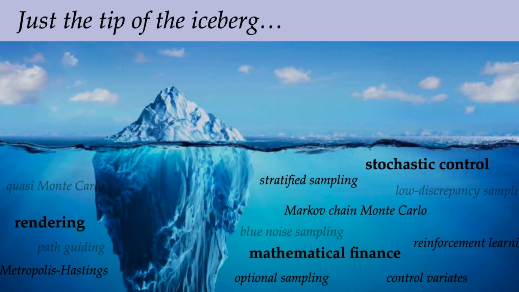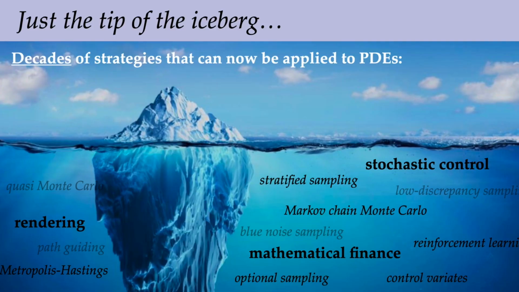And this is really just the tip of the iceberg, because we have this nice bridge between worlds now. There are decades of strategies from areas like rendering and stochastic control and mathematical finance that can be used to help solve partial differential equations, though it does take a little bit of thought in each case to translate from one domain into the other.